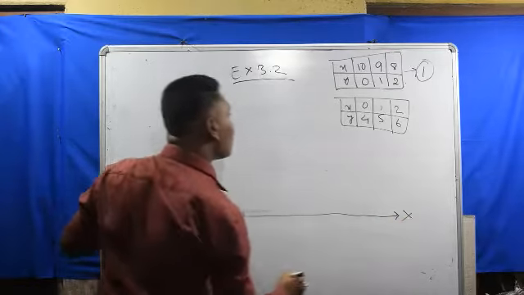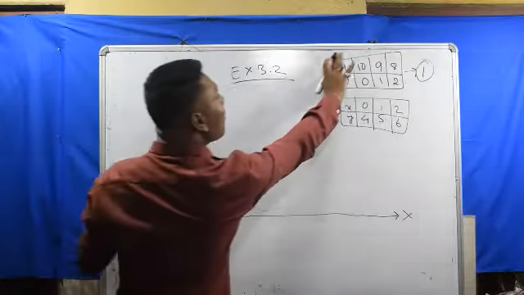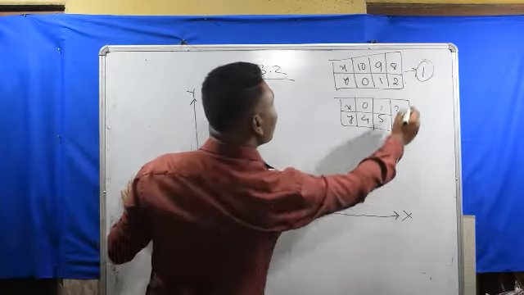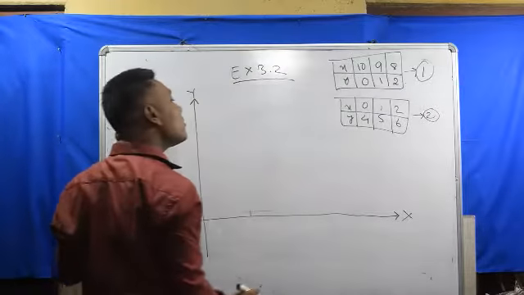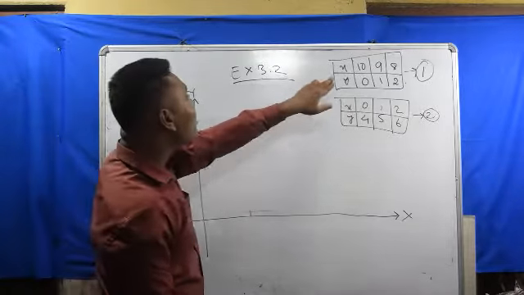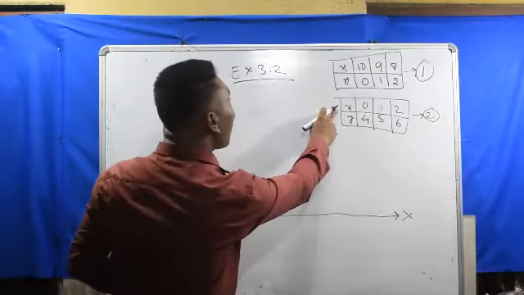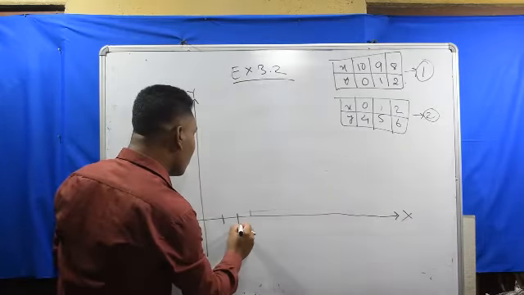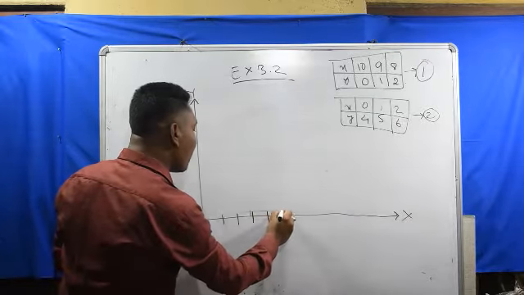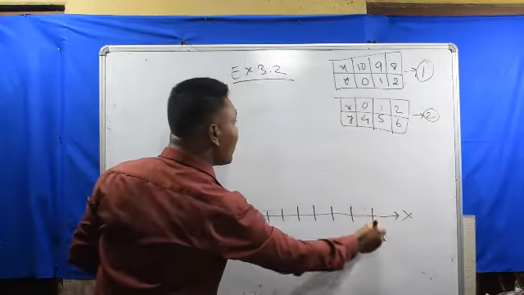This axis is the x-axis and this axis is the y-axis. All are positive here. So these are the first plottings and these are the second plottings. In the first part, the highest number on the x-axis is 10: 1, 2, 3, 4, 5, 6, 7, 8, 9, 10.